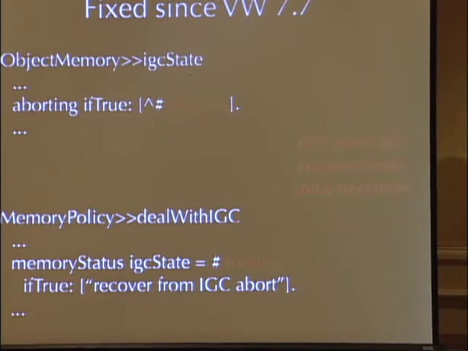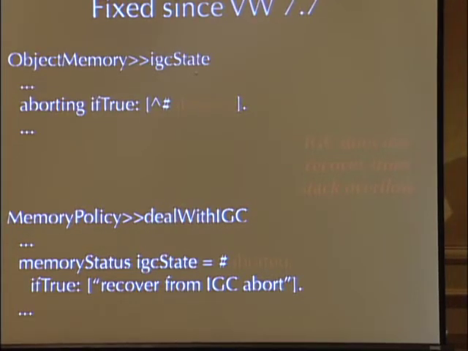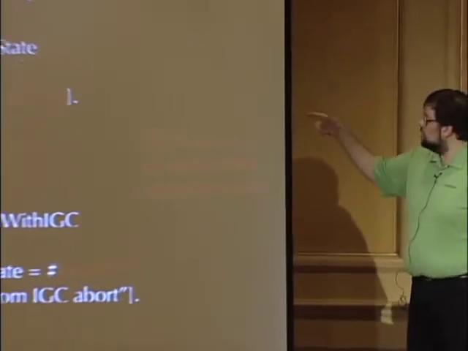So, lesson: if you use code like that, passing symbols around and then comparing them with equality, beware of typos. Now the code simply answers booleans, and so it's much easier to just say, hey, object memory IGC is aborting. Well, if true, then push it along, and then you don't have the problem of the typos.